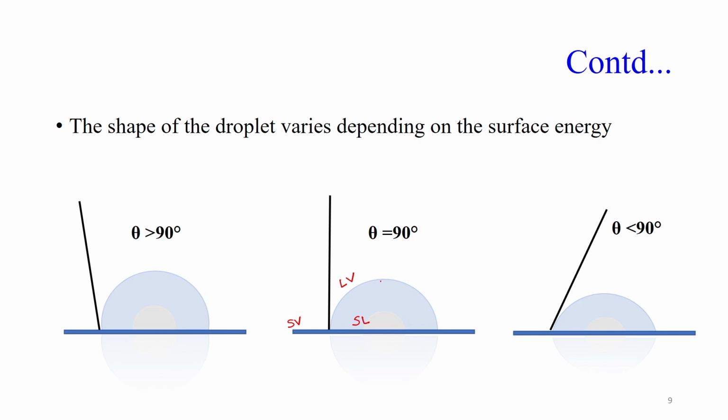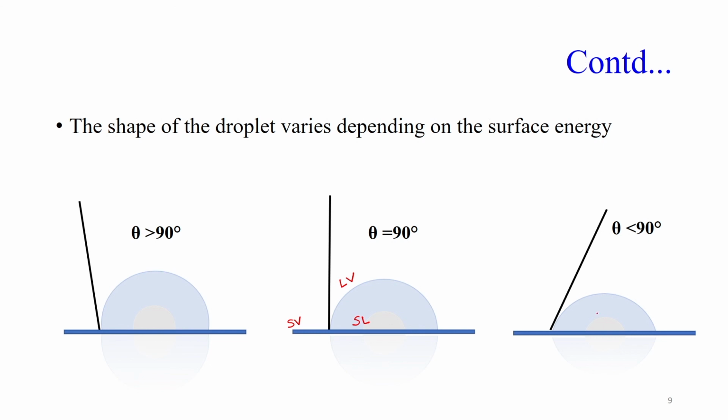So, depending on the value of these three interfacial tensions, there will be formation of different drop shapes, and different drop shapes means different contact angle. So, this is just one example that although there is a formation of the shape, the shape varies depending on the individual value of surface tension or interfacial tension.